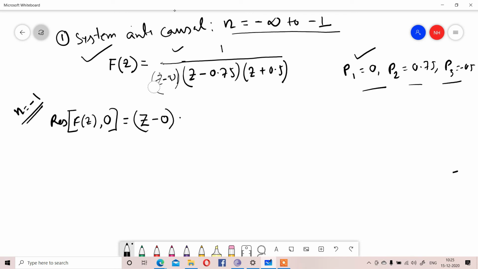Actually, z comes out in the downside now. Z and z minus 0 are the same. If in the numerator you are getting z, that means the pole of z is 0. Because z minus 0.75, pole is 0.75. So here z means z minus 0, where the pole is 0. Both are same now. To define the pole, I am writing z as z minus 0.